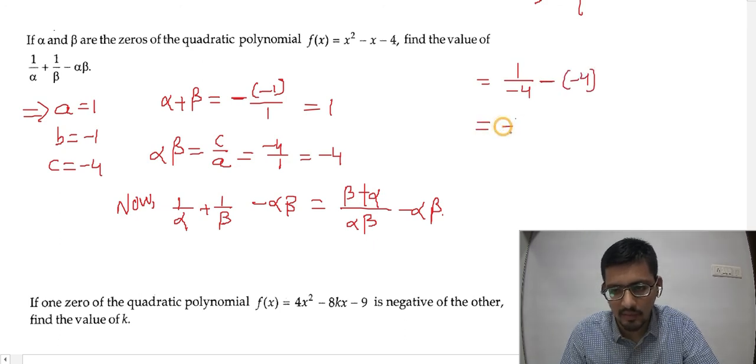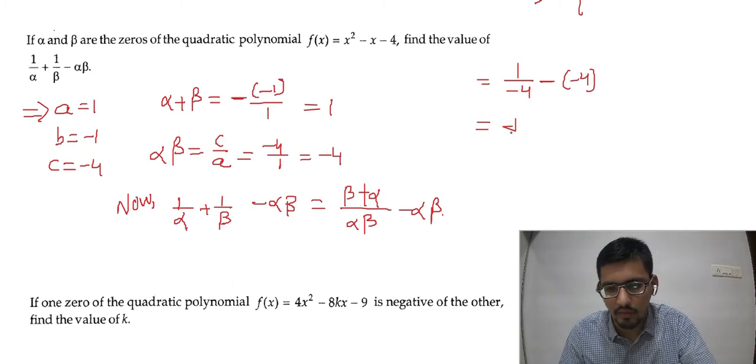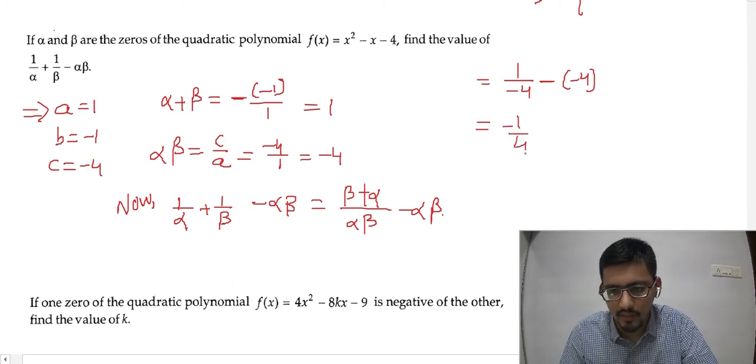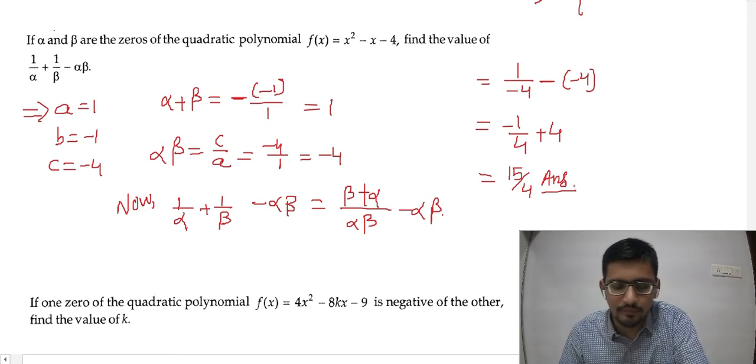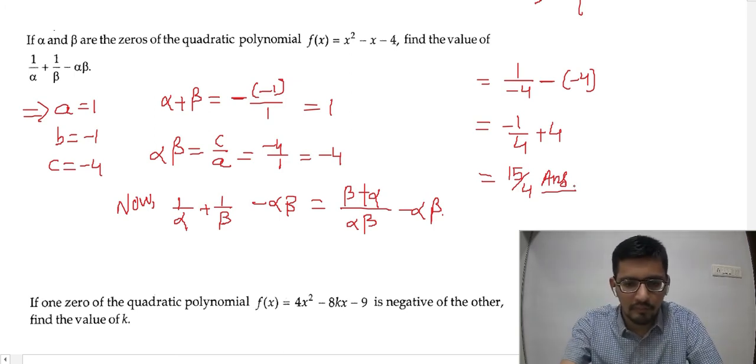So what answer will I get? Minus 1 over 4, minus of minus 4, which is plus 4. 4 fours are 16, 16 minus 1, so I get 15 over 4. This is your final answer. I hope this is clear.